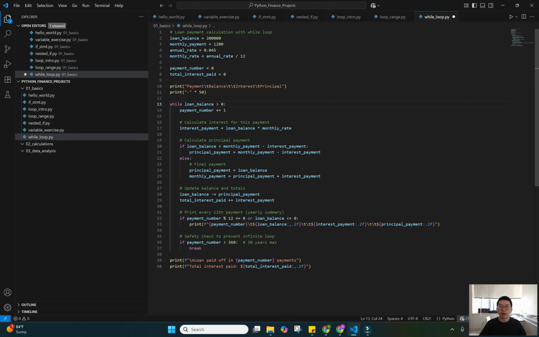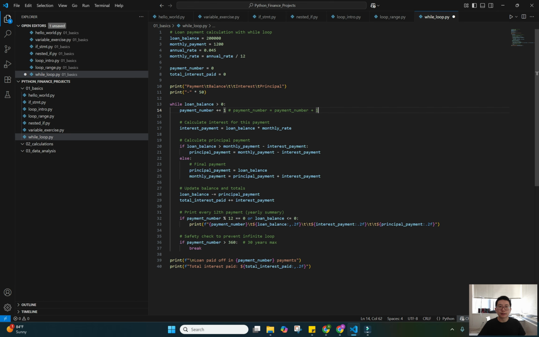Payment number plus equals 1. You might be confused by this. This kind of formula is called a recursive formula in Python. This is basically equivalent to payment number equals payment number plus 1.